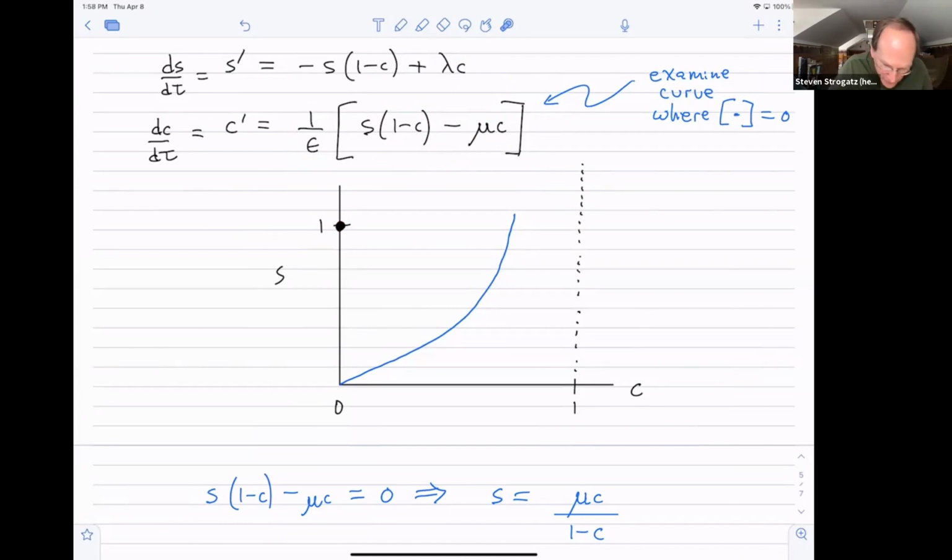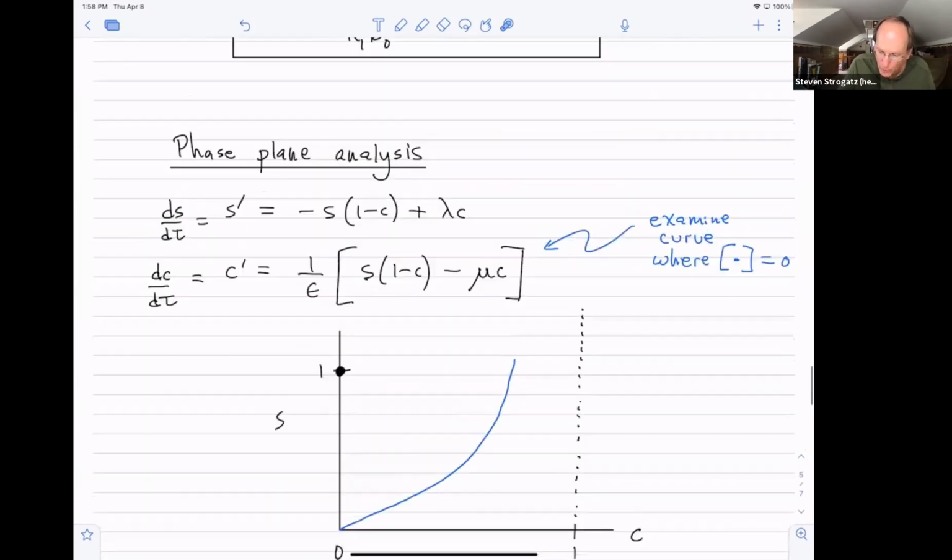So when you start at this point, you have an enormous positive component to your vector field going that way. Now, what about S prime, the other term? What about the vertical component of the vector field? Well, these are all order 1 quantities, S and C. And let's suppose that the lambda and the mu are order 1.